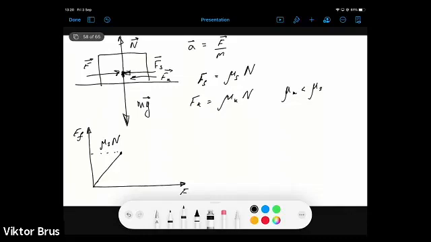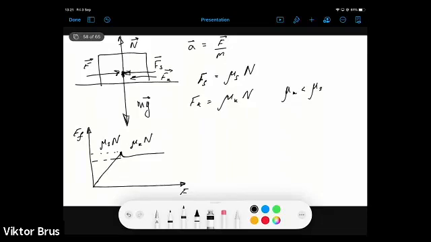Then we get a very abrupt, slight decrease of this friction force, which happens in the moment when a body starts to slide over this surface, and it saturates at the level defined by the kinetic friction force.